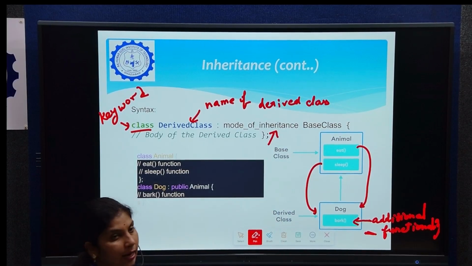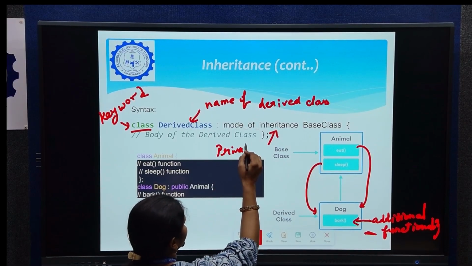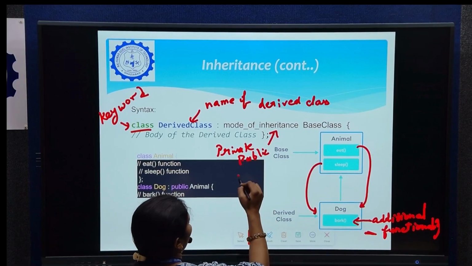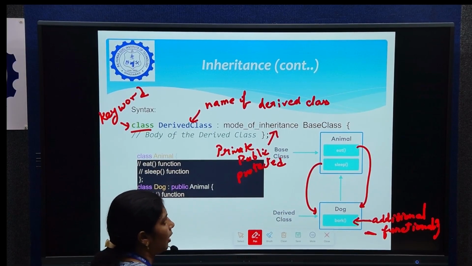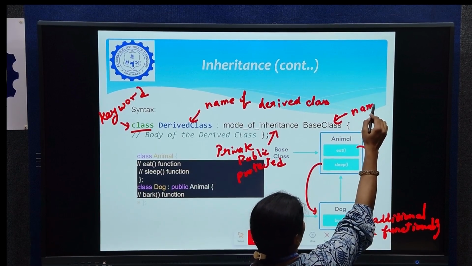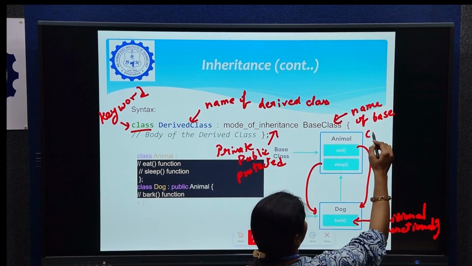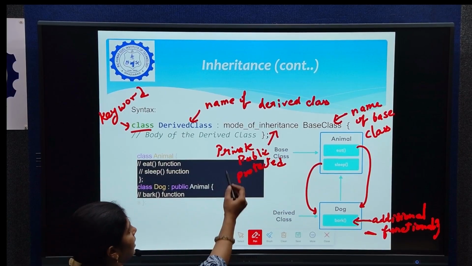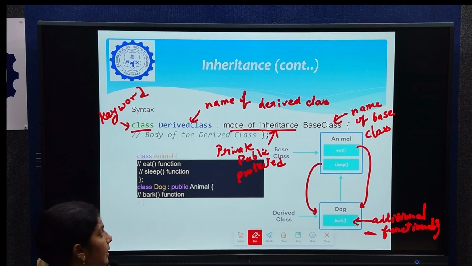This is the mode of inheritance. It can be private, public, or protected, right? And this is the name of the base class. We will discuss this mode of inheritance in detail in coming slides.